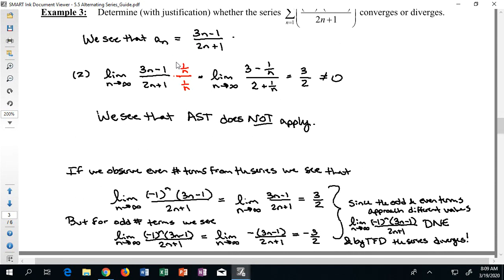So sometimes I'll suggest that you check the second condition first, because sometimes you can do it fairly quickly in your head. And if you recognize that you're not getting a 0, you maybe know to switch gears and do the limit of the entire inside. And that way you can see how the test for divergence plays out. Okay, in the next video, we'll take a look at another theorem and an associated example.